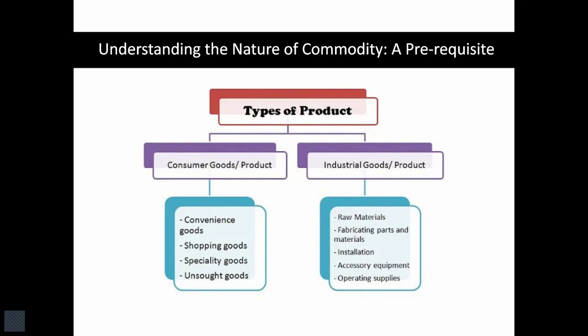While talking about consumer goods, there are further subcategories as well. Convenience goods get further divided into staples, emergency, and impulse goods, whereas shopping goods can be homogeneous and heterogeneous shopping goods. Similarly, the specialty goods and unsought goods.